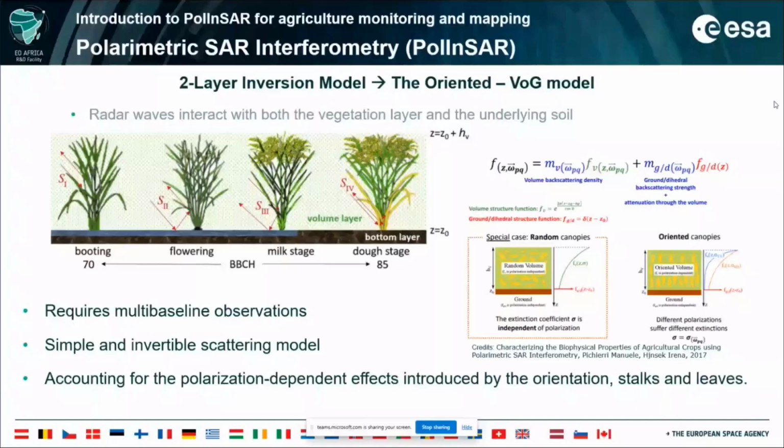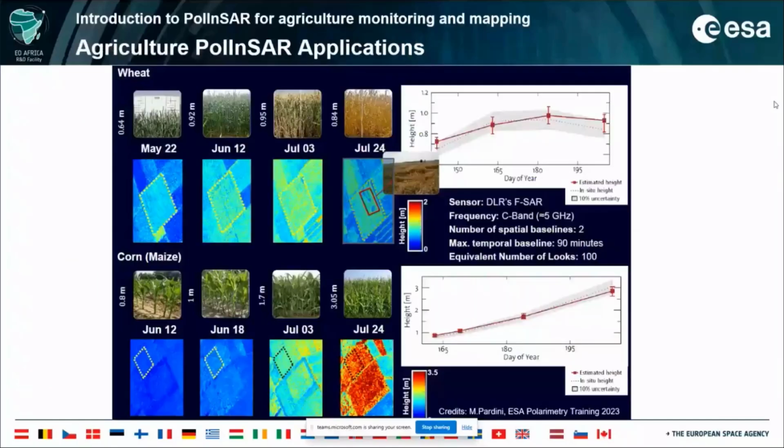So, for example, here we can see one of the applications that uses that model. In the image here, taken from the ESA polarimetry course that took place in 2023, we can see the differences in phenological stages of the plants as recorded by the fully polarimetric product. The red line on the graph represents the height estimated with PolInSAR, and the dashed line represents what was measured on the ground.